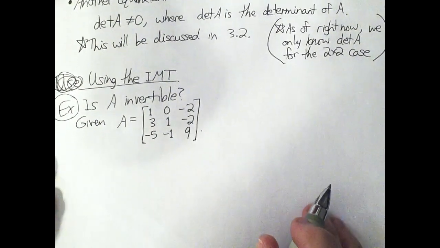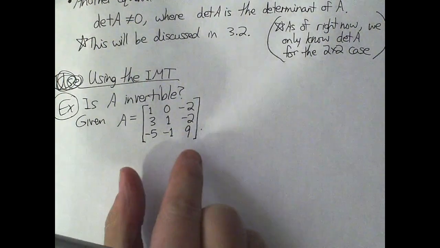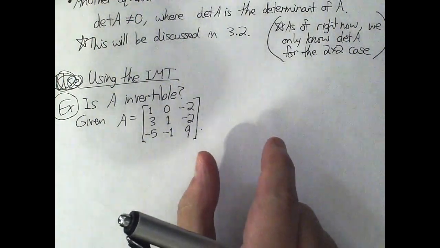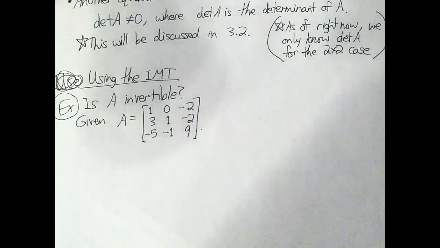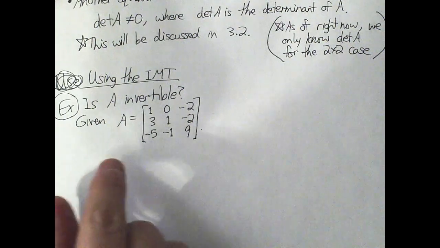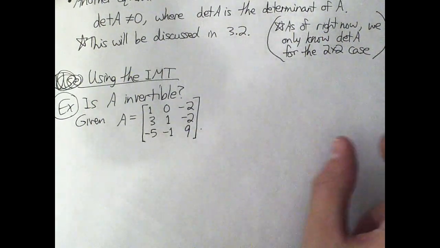Now, we learned in the previous video lesson how to find the inverse of A. We could take this matrix and write it side by side with the identity matrix, and then we could do row reduction. We would try to do Gauss-Jordan elimination, where we do full row reduction all the way to reduced row echelon form. It would take a bunch of steps, right?